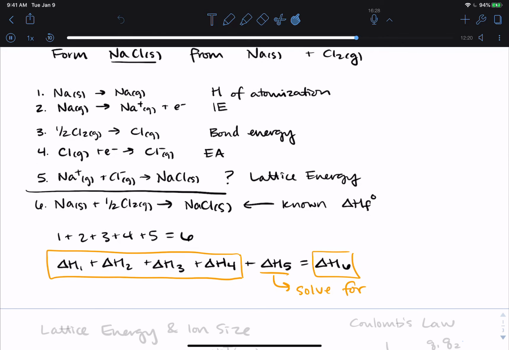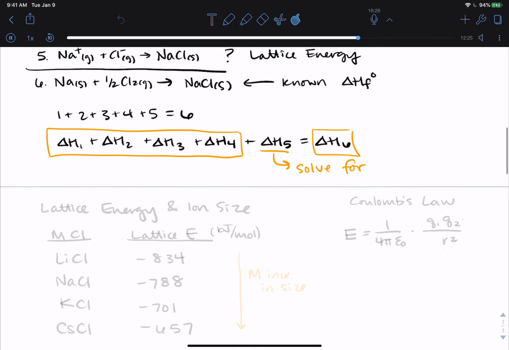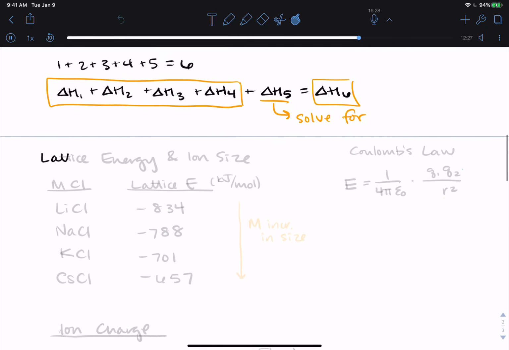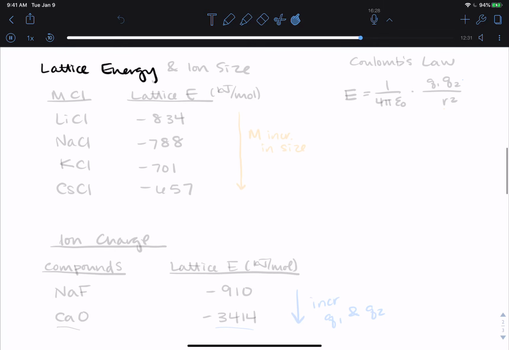So there are some trends that we can look at. So one of the trends that we can look at is lattice energy and ion size. So for some metal chloride, and we're going to look at lithium chloride, sodium chloride, potassium, and cesium.